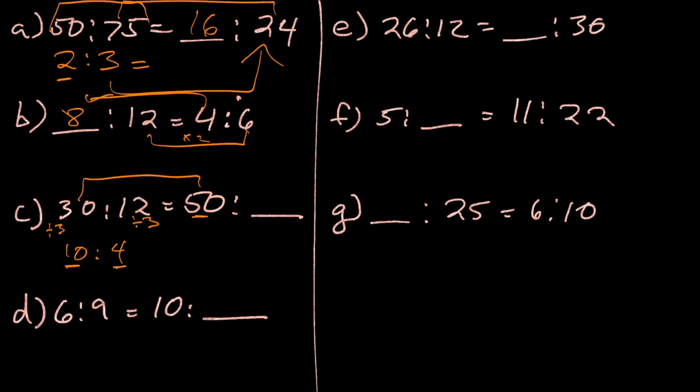And I notice that I can still reduce it further, okay? Then do it again. You would find that 2 can still divide into both, and you would reduce it further. Okay, so if you're not in lowest terms and you thought the greatest common factor is 3, you can still keep going.